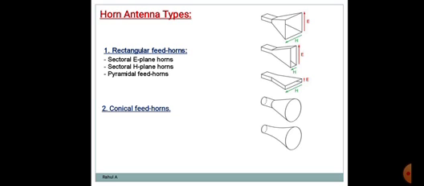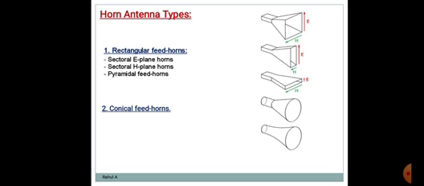Okay, an electromagnetic signal consists of two fields, that is E and H, that means electrical field and magnetic field. So here the direction of the E field is perpendicular to the H field, and the structure of the sectoral E plane horn is made in such a way that it is parallel to that of the E field.